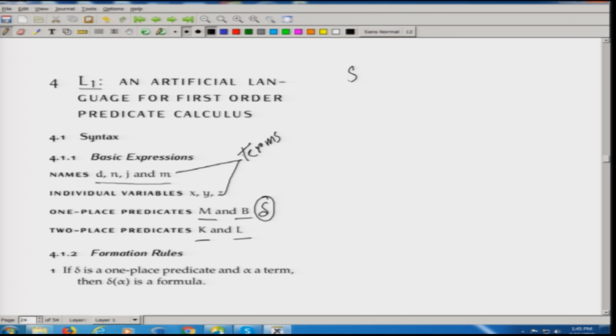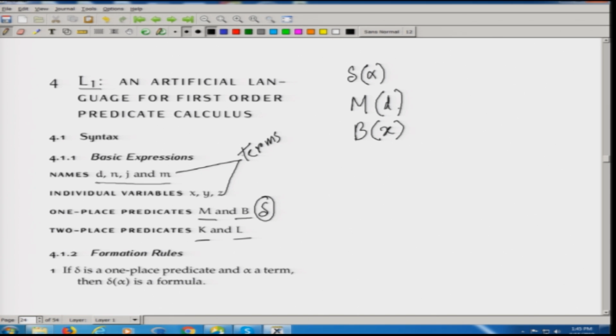So we can choose a name. Delta alpha can be something like M D or B X. Both are terms. I have taken one term, that is one individual thing, either variable or constant, and one place predicate.